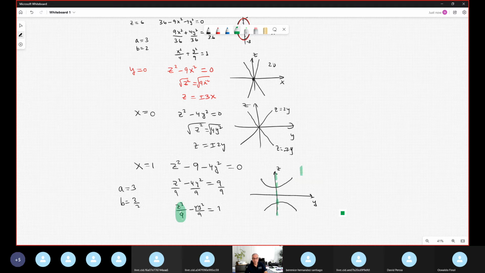This is a hyperbola. Which hyperbola? Well, a little bit confused, eh? Or no? Now we have time to do quickly one more example.